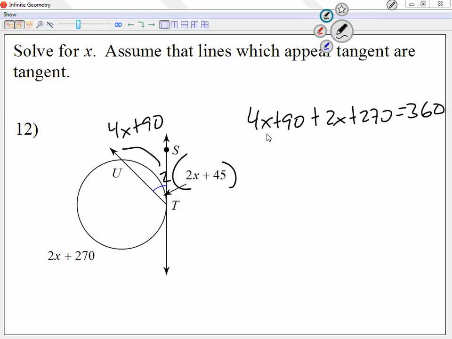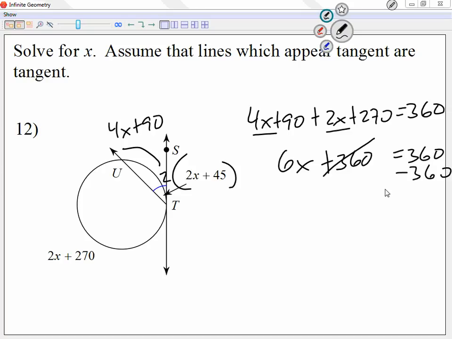So now looking at the left, 4x plus 2x, I can simplify that as 6x. 90 plus 270, I can simplify that as 360. And all this is 360. I just simplified the left, right? So now, my positive 360, let me move it to the other side as a negative 360.